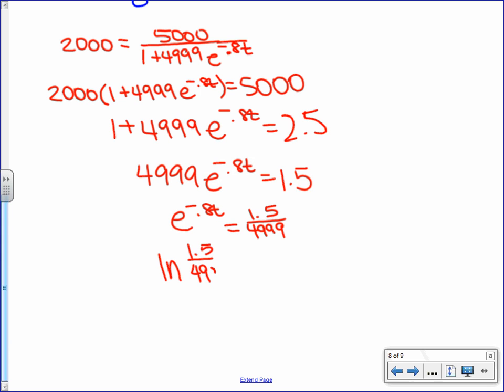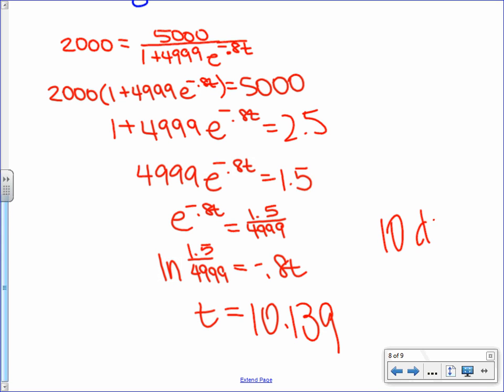So you can use your second answer, or call it back up. Take the natural logarithm of that number and then divide by that negative 0.8. So our answer is 10.139 days.